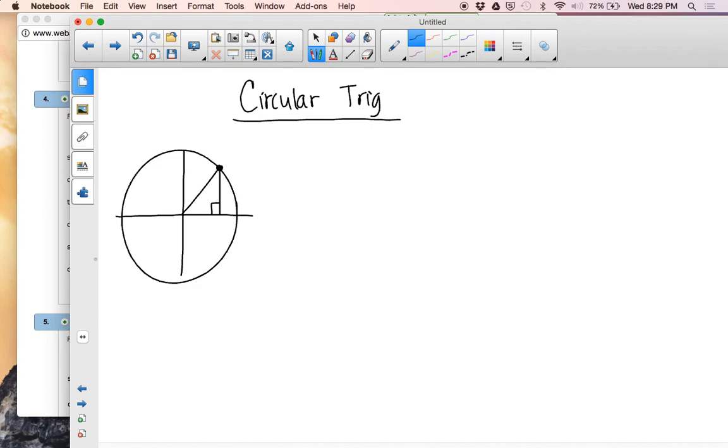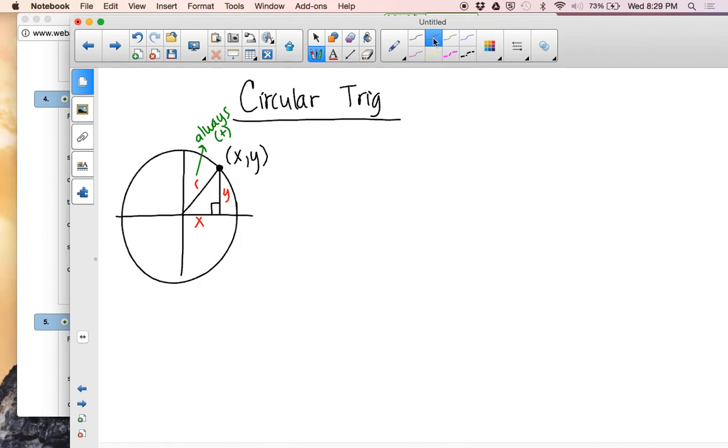In this circle, say I have this point here, x comma y. That means this is x and this is y, and here's our radius of the circle. The radius is always going to be positive, while x and y can be negative depending on what quadrant they're in.